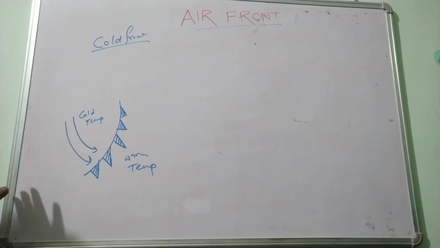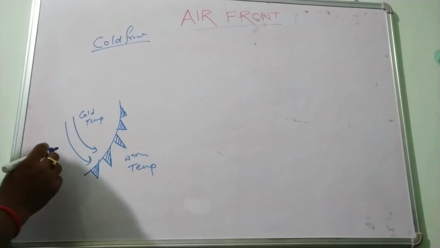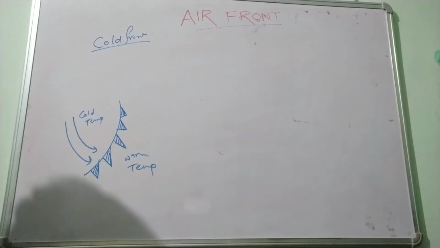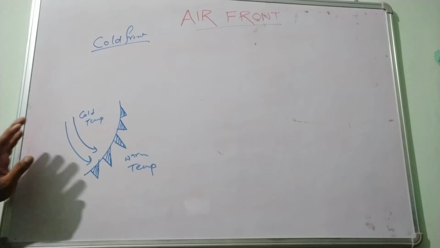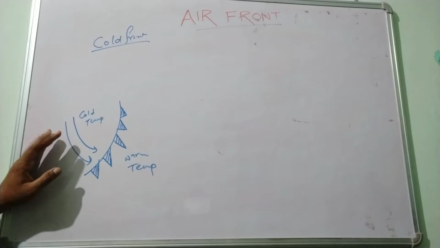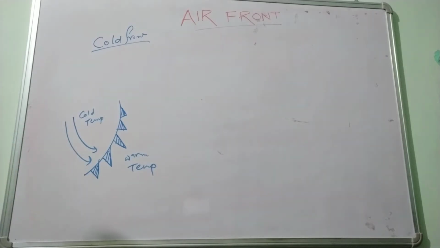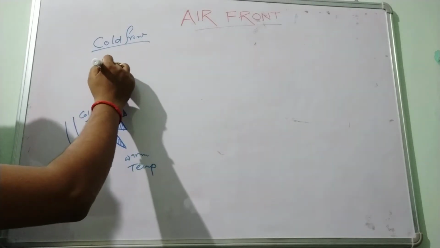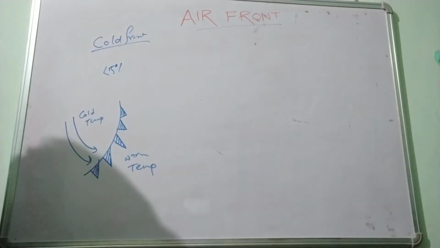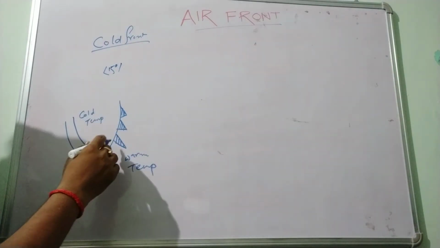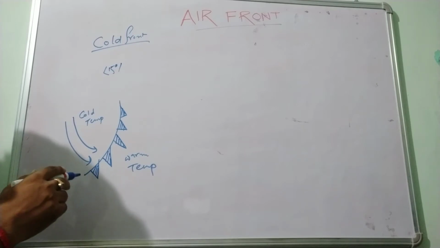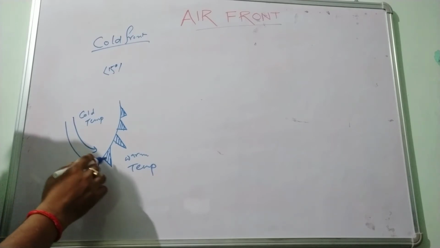This is a transition zone where the cold air mass is replacing the warm air mass, and the wind generally moves from the northwest to southeast direction. The air behind the cold front is noticeably colder and drier than the air ahead of it, and when the cold front passes, the temperature drops by about 15 degrees or more. The cold front is represented by a solid blue line with triangles, and the triangles point in the direction the air is moving.